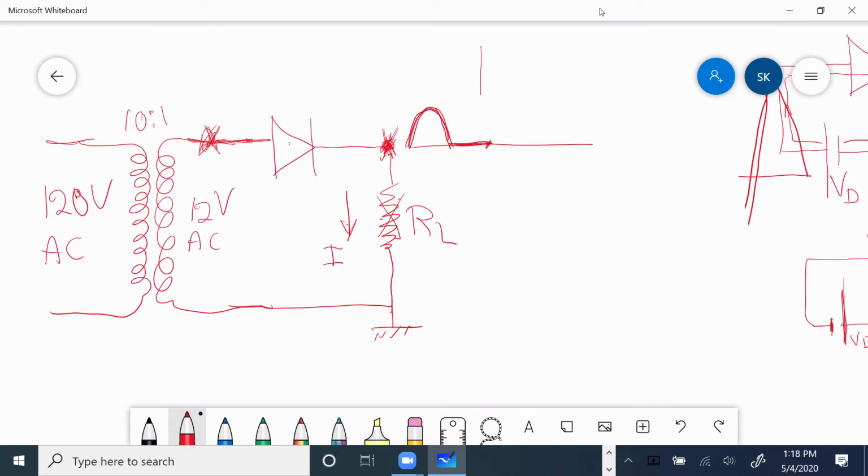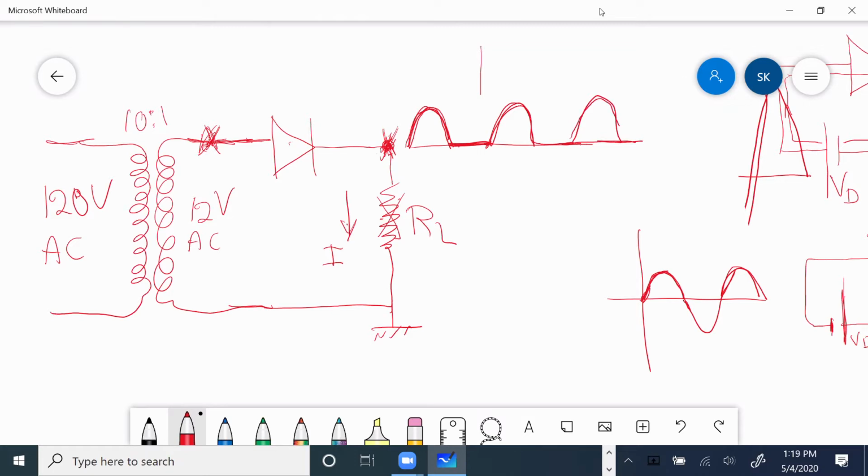Now I see 0 volt. So I started here, I went all the way there and there. I could see exactly that. Then when the voltage was negative, I didn't see any voltage. Then the voltage goes positive, I can see voltage there again. And then it will just keep on repeating.